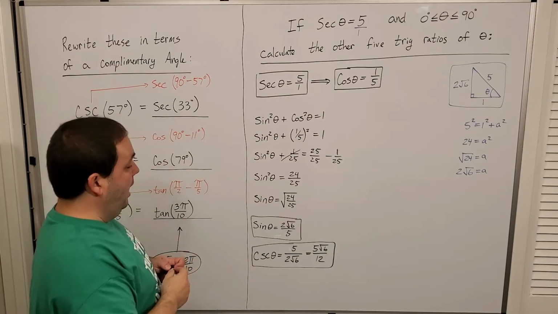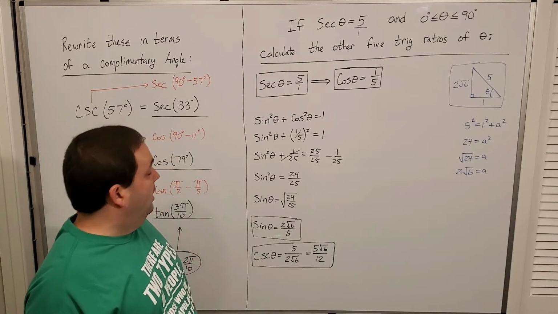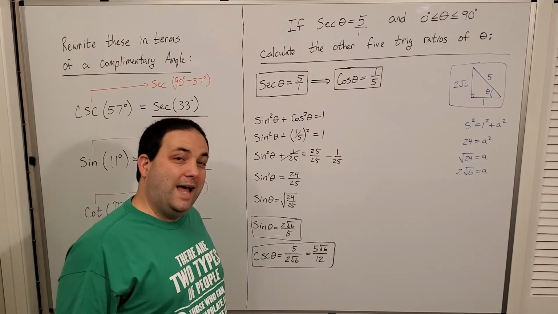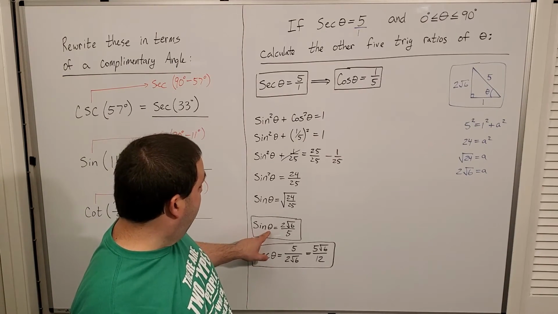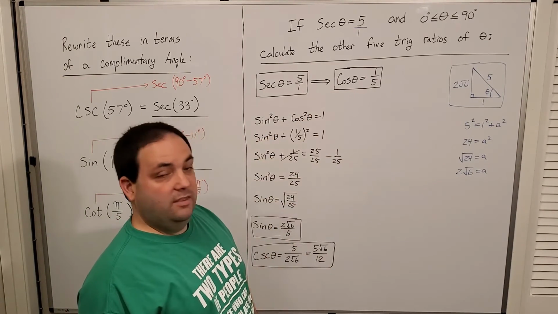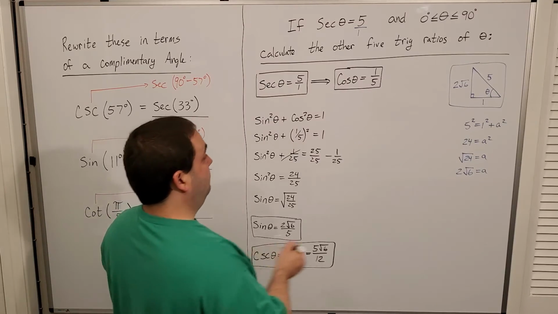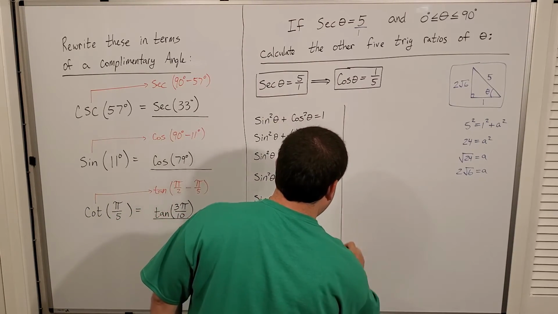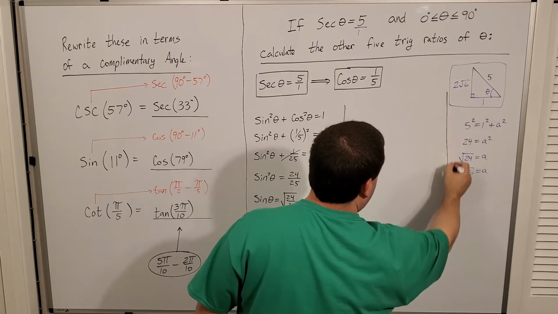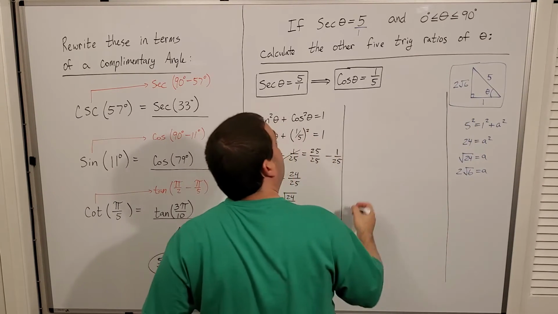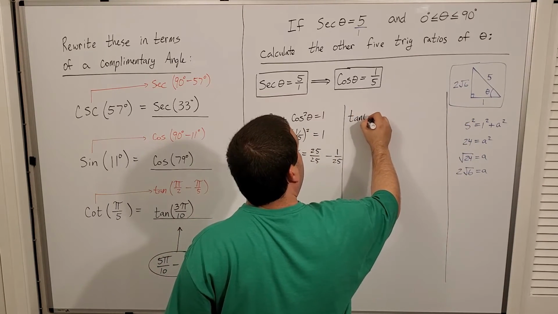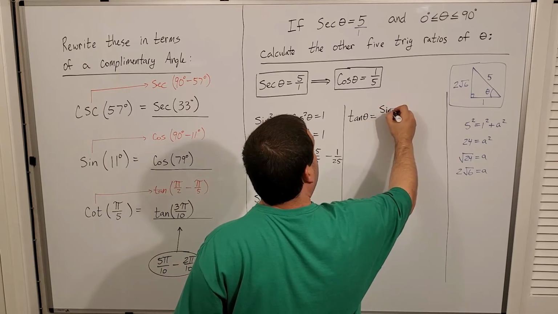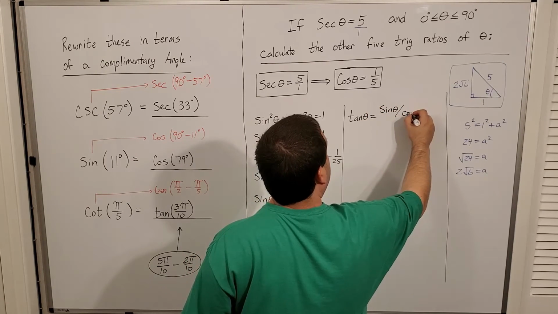So now I just have 2 left, right? Well, remember, I've got the quotient identities too. Sine theta divided by cosine theta is equal to tangent. So tangent theta is equal to sine theta divided by cosine theta.